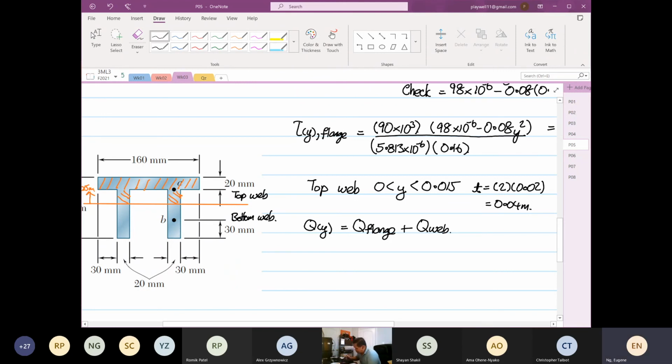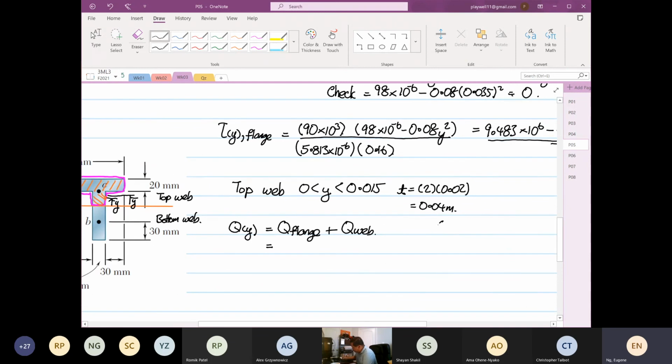Okay, Q of the flange. You have to consider, I'm going to draw the boundaries. If you look at it, we consider this entire region now. Now we have a slider. This is our y, and then we have our y bar. So let's do the flange. When I calculate Q, I always do width, depth, then y bar.